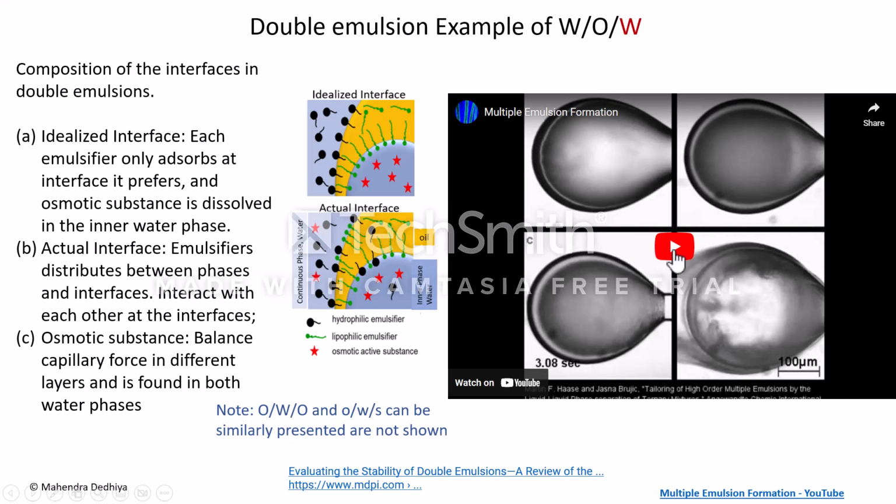Let's look at the formation of the multiple emulsion. Please notice that within a very short duration, within the bubble here, within the main emulsion, each of these are slightly separate emulsions, you will see formation of globules.